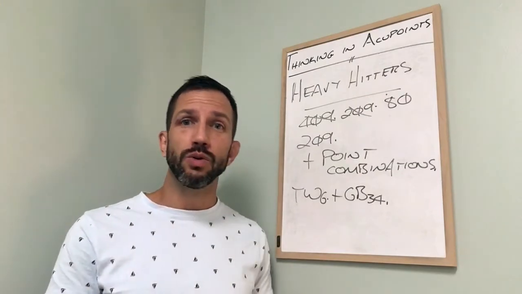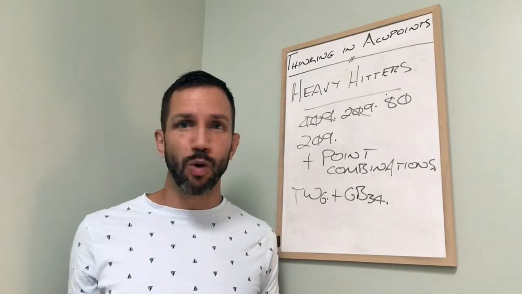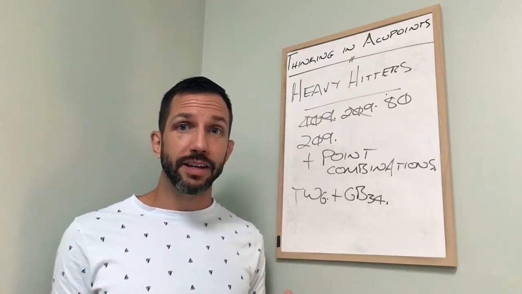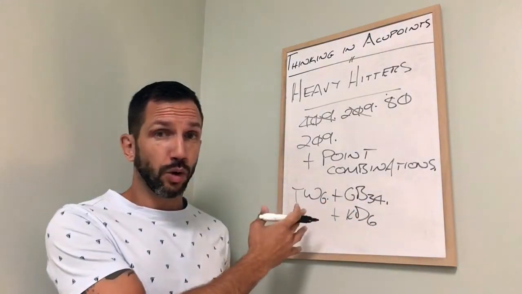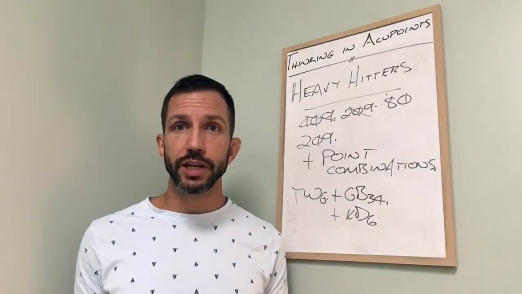I can also use it for menstrual concerns, helps move qi again in the lower warmer. I can also add kidney 6, moves qi in the lower warmer, and this is a symptomatic pair for constipation.